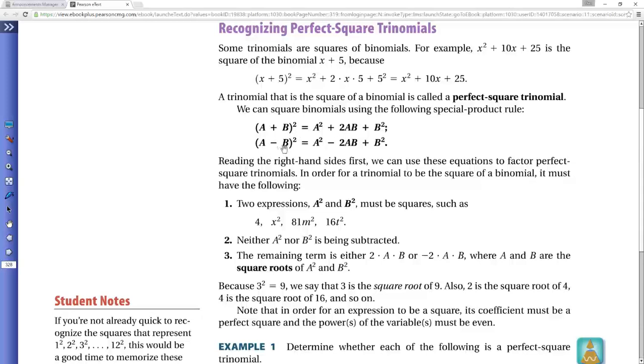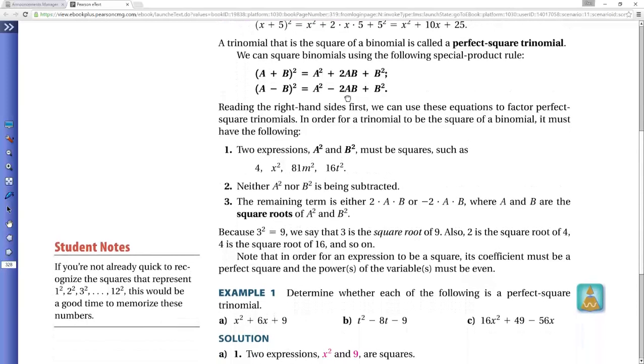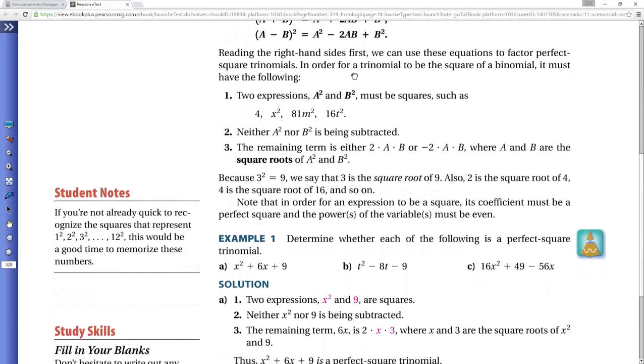Well, the same thing would occur with a minus b. I take this first term squared, which is a squared. Negative b to the 2 power is a positive b squared. And then I take a times negative b times 2 and I'll get a negative 2ab. So that's our pattern we went through last chapter.